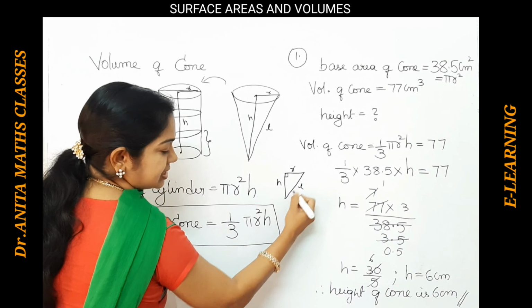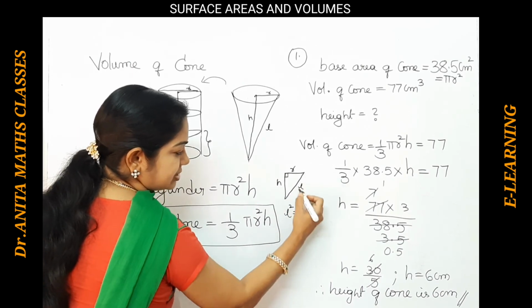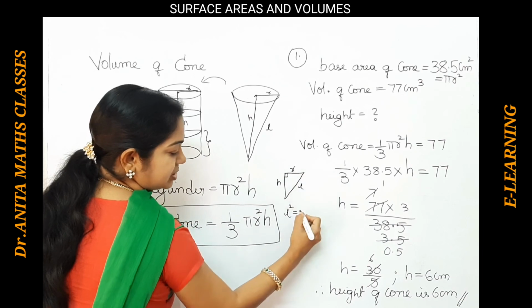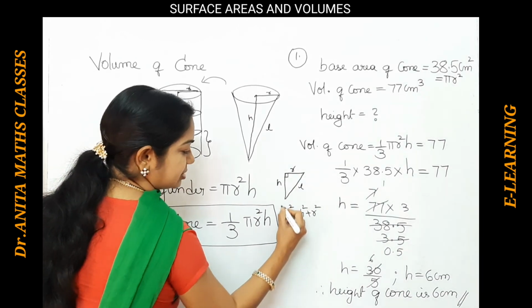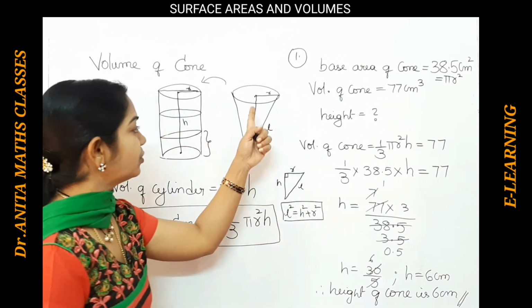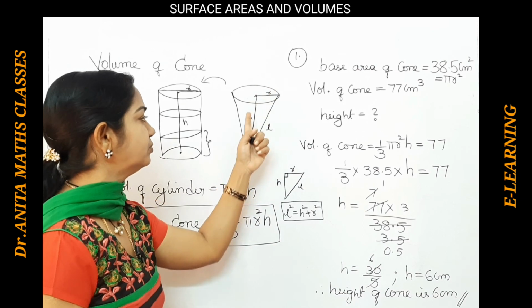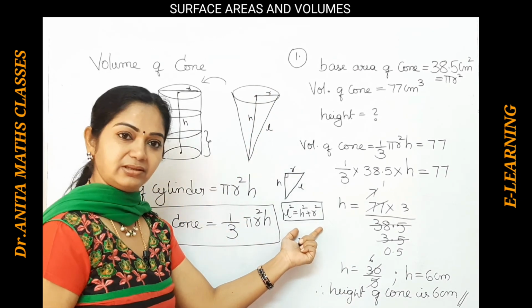The Pythagoras theorem tells us the hypotenuse square, and here the hypotenuse is L, is equal to the sum of the squares of the other two sides. So, h square plus r square. We are using this because of the right angle triangle. So, if any two values are given, the third value you can find out using the Pythagoras theorem.